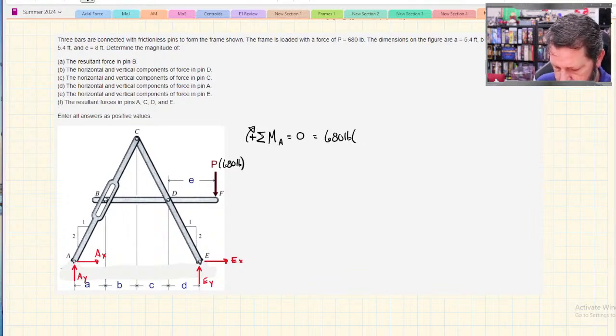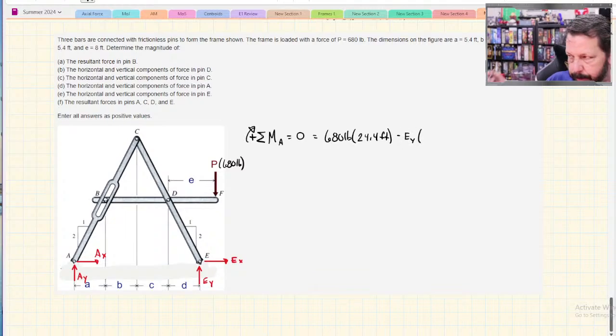A plus B plus C plus, not D, plus E is 24.4, minus EY times A plus B plus C plus D. Let's see. 5.4 plus 5.5 plus 5.5 plus 5.4, 21.